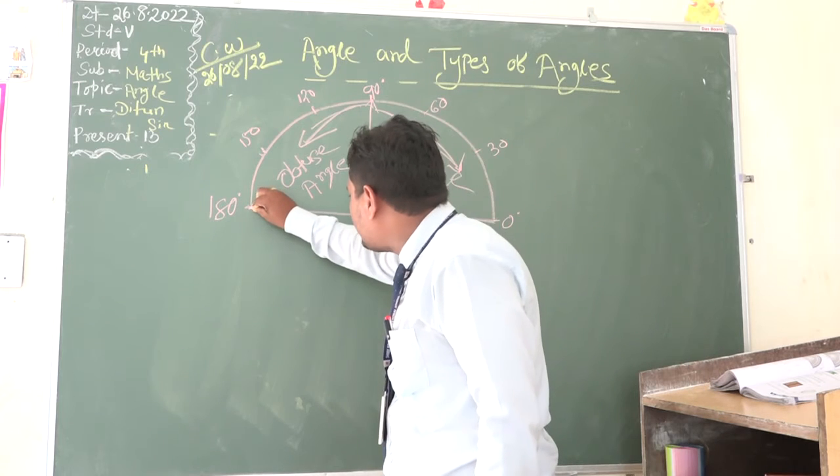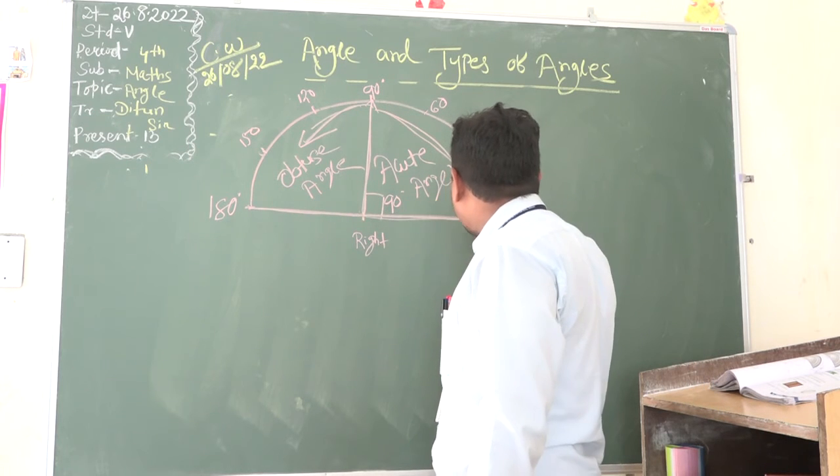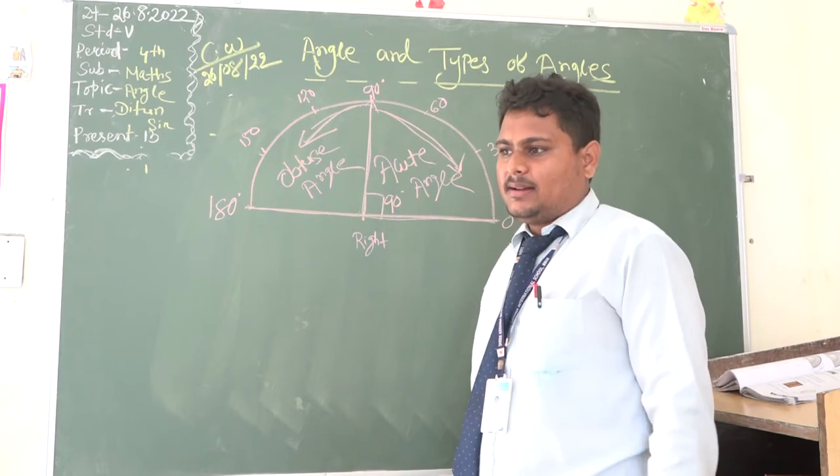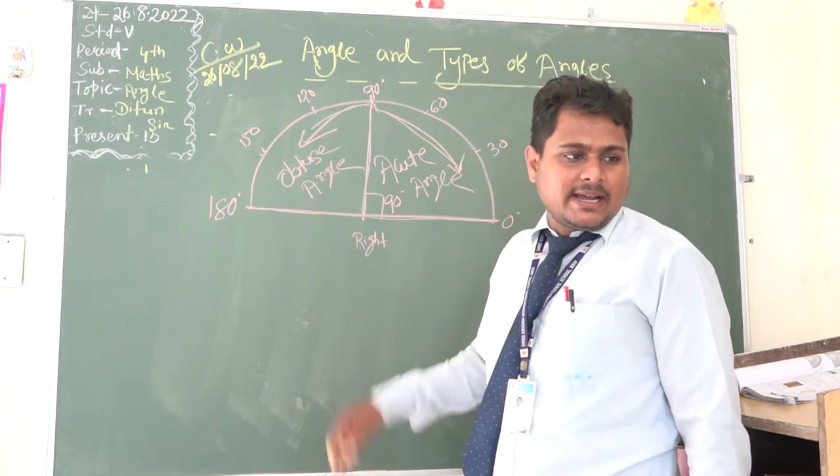And if the line is 180 degree, it is a straight angle.